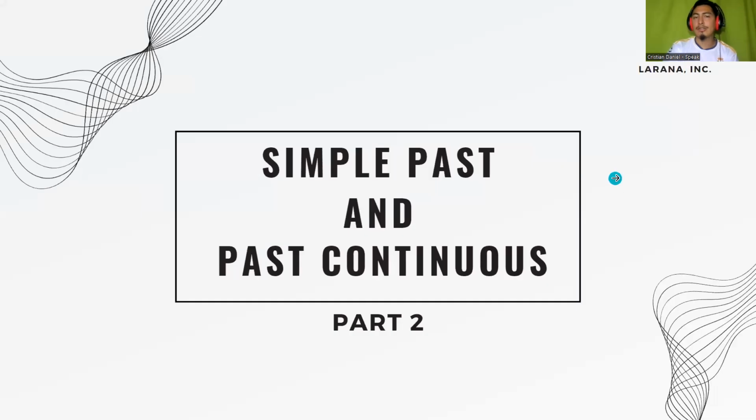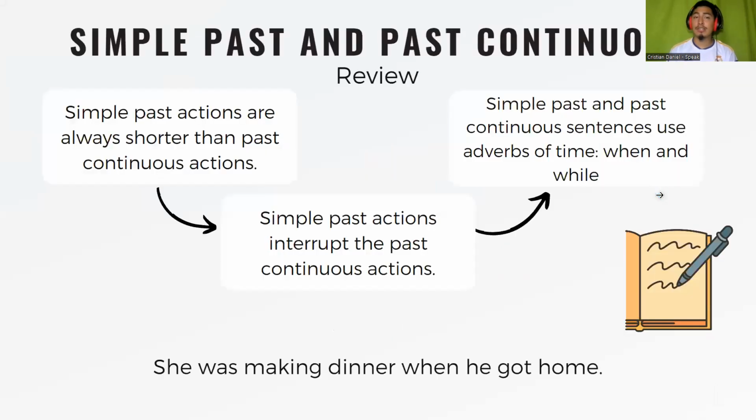Okay, as I told you, today's class is about simple past and past continuous. To review this topic, let's remember some of the uses of simple past and past continuous and how to identify both of them.